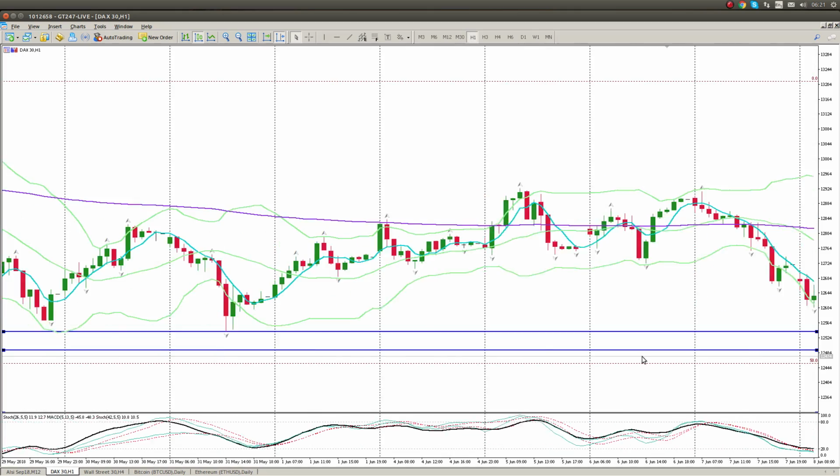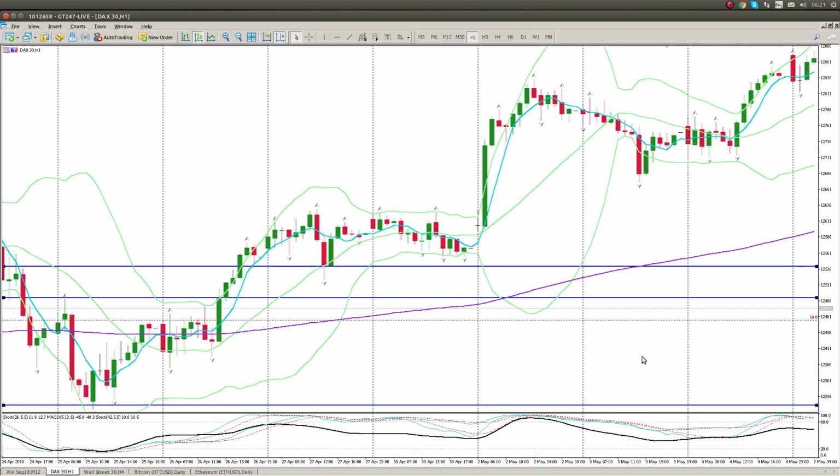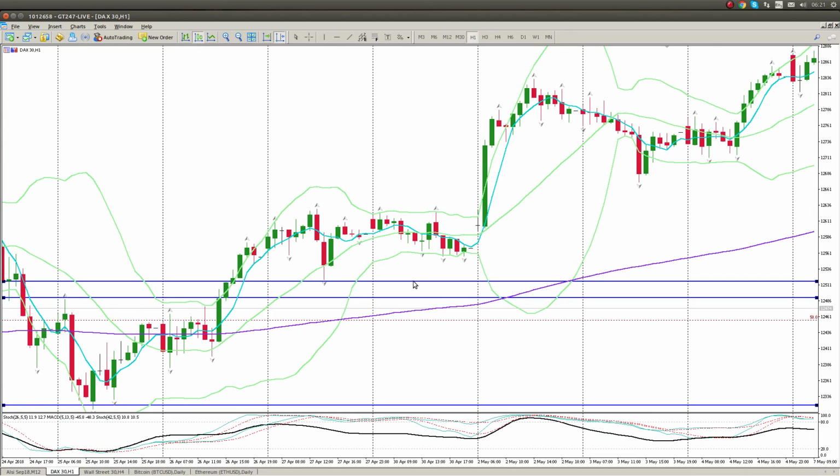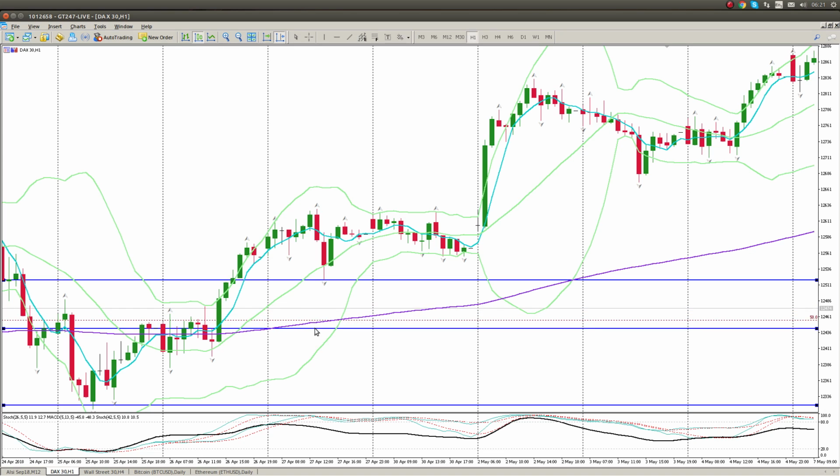Okay, I just want to move to the left on the hour, and then let's just tidy up these lines. So there is a swing low. There's a Brooks gap there.